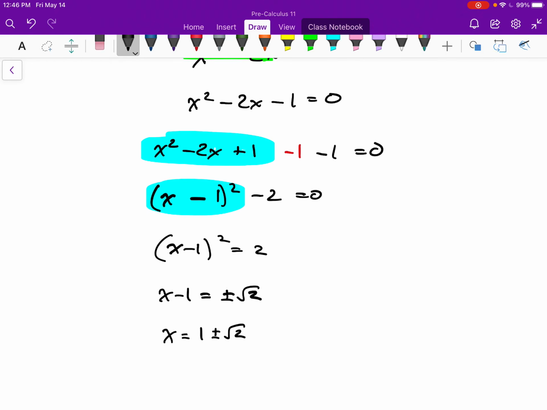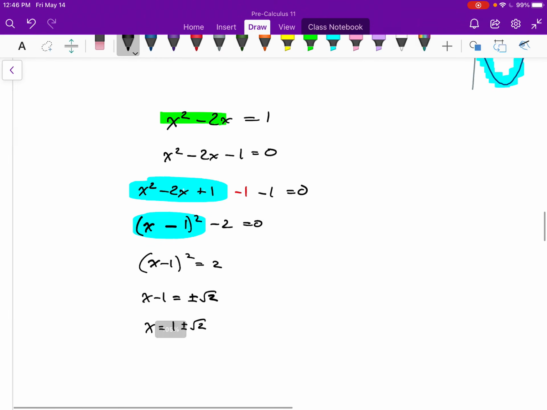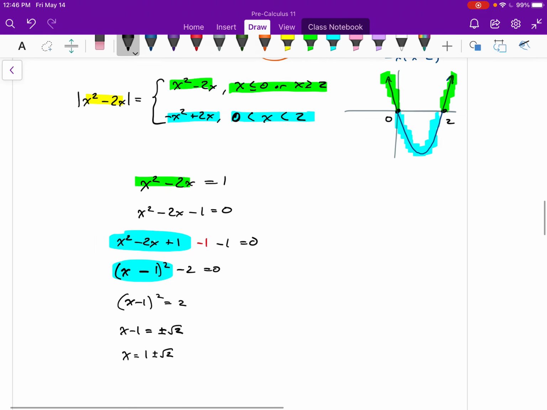All right, so before I go on though, let's look at those two solutions and see if they fit with my restriction, because all of this came from that first piece. I only look at this first piece when x is less than 0 or greater than 2.